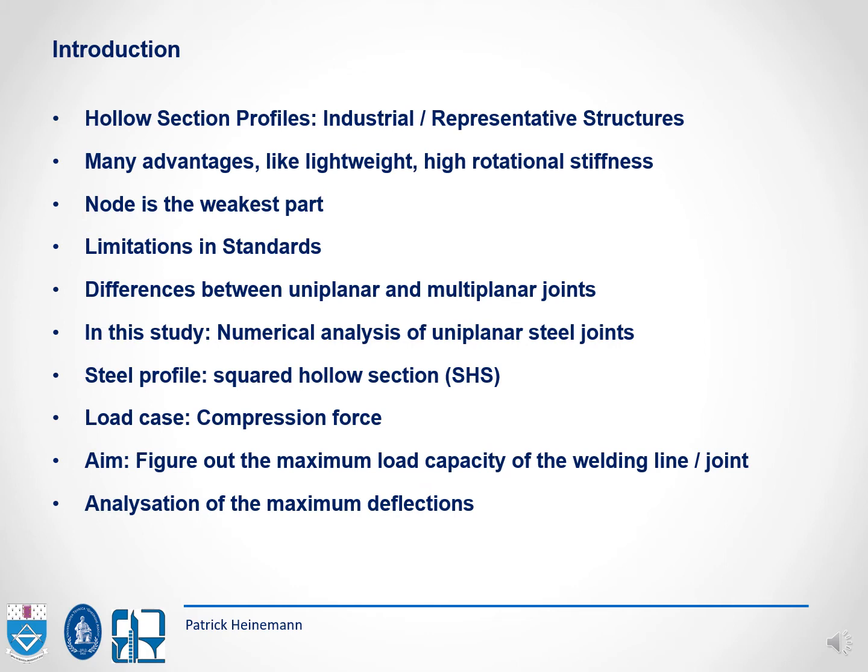Hollow section profiles are mainly used for industrial purposes or representative structures. These kinds of steel profiles have many advantages, like their light weight or high rotational stiffness. By welding two or more members together, a node is created, which is automatically the weakest part of the structure.